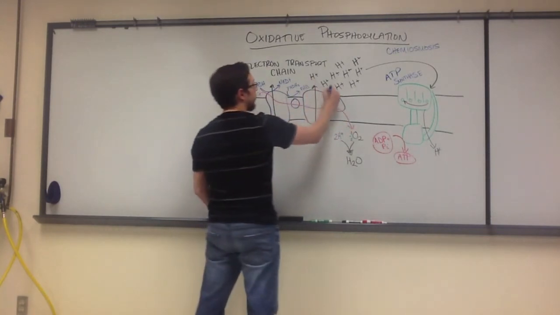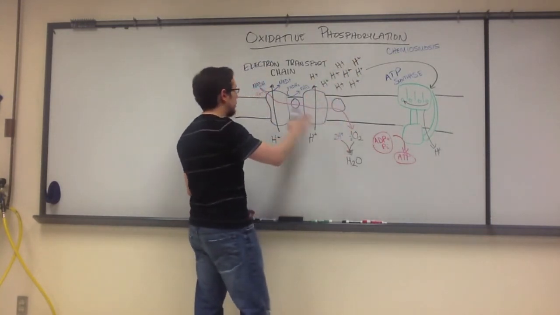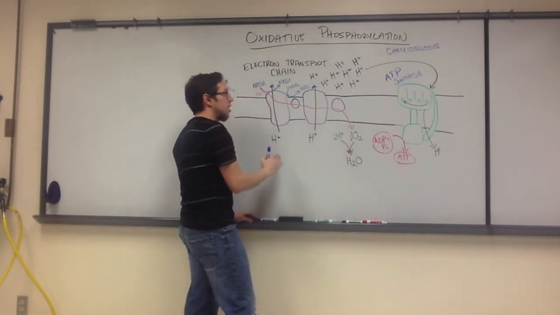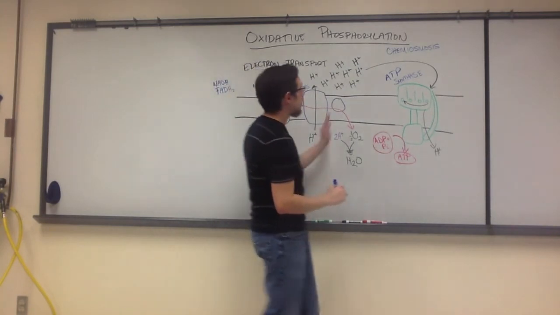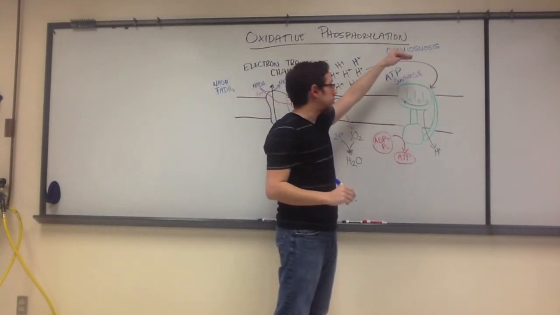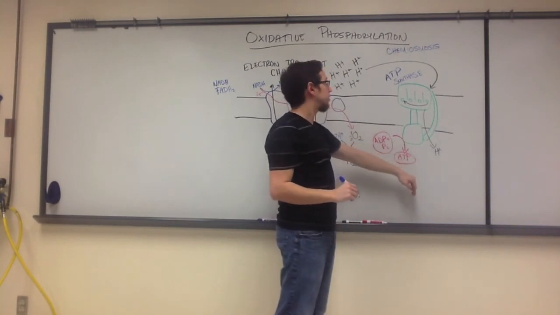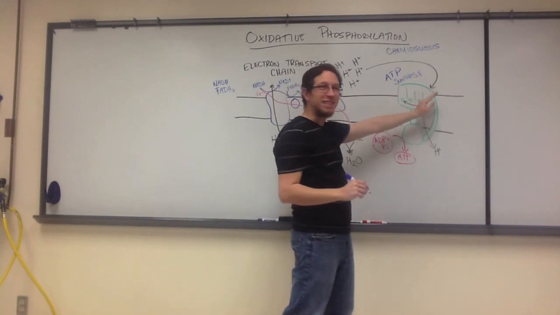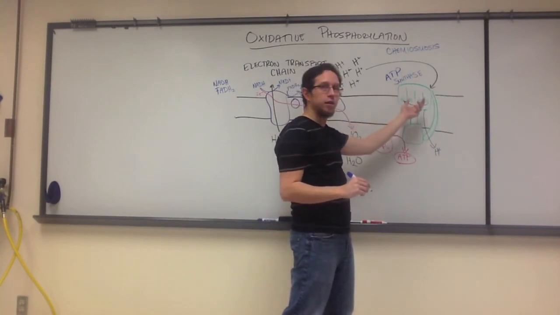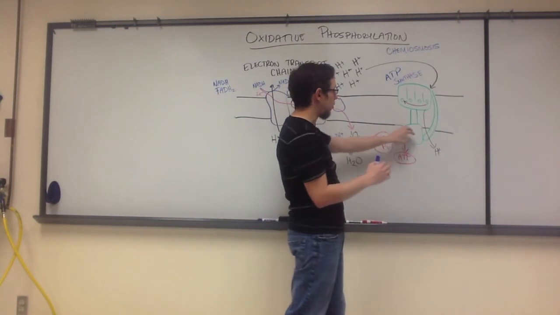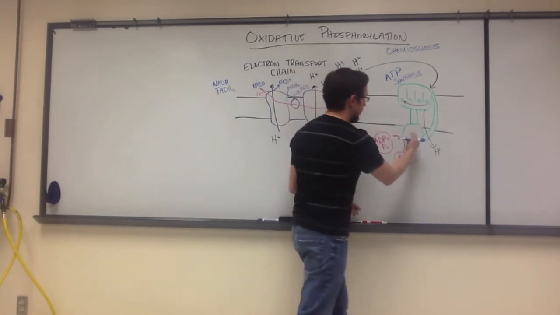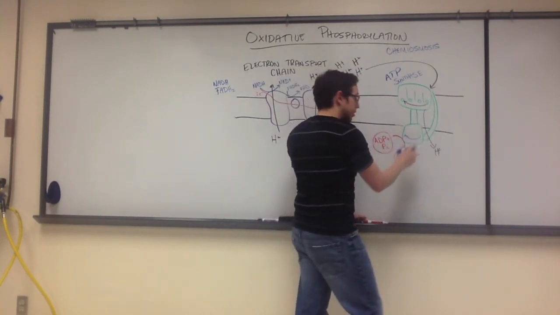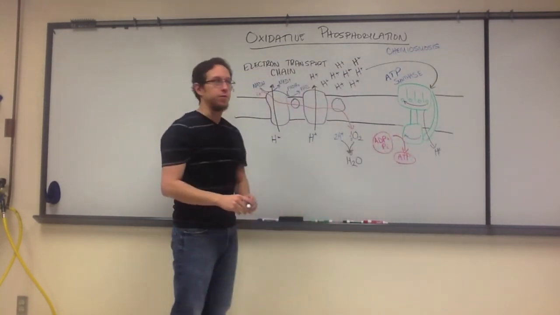We first generate a proton gradient using the electron transport chain and the transfer of those electrons to pump protons across the mitochondrial membrane. And then those protons begin to diffuse down their concentration gradient, but they first must enter ATP synthase. Once inside, they cause it to spin, which is a proton motive force. That proton motive force causes this part of ATP synthase to also spin, and that movement is sufficient to generate molecules of ATP.